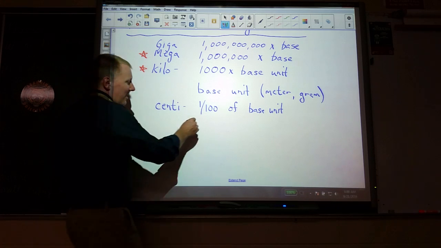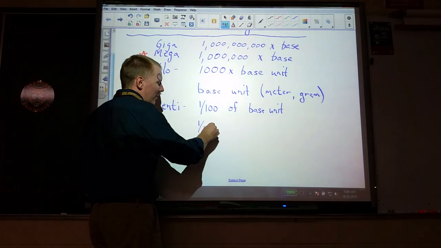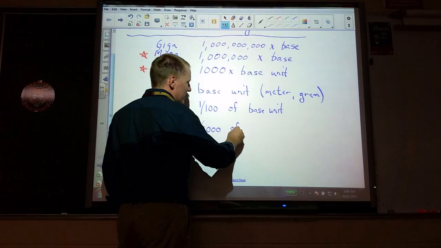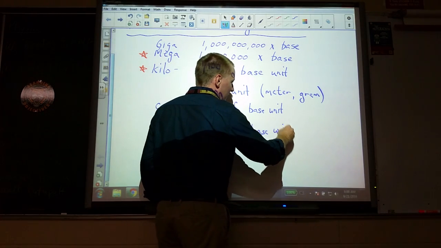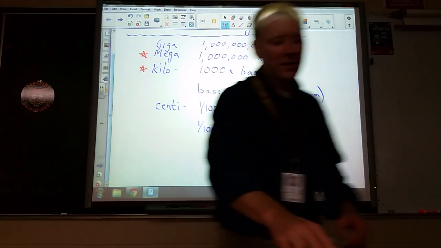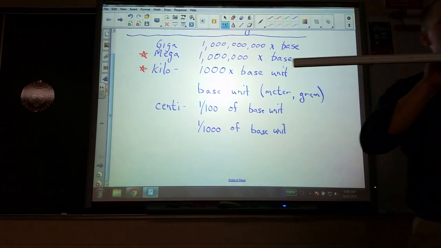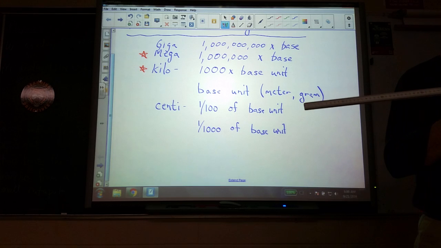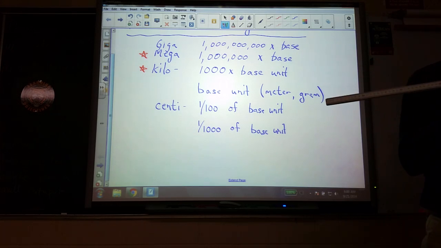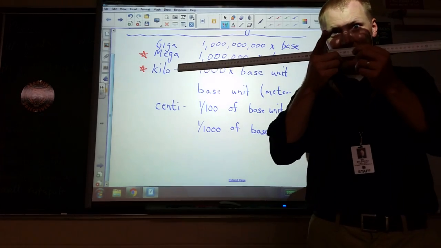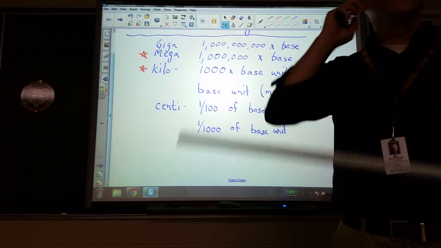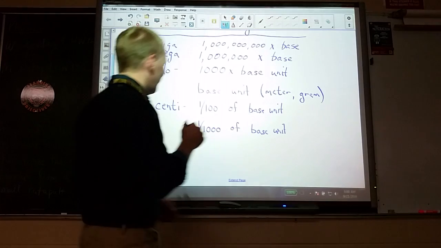But the next common one would be 1/1000th of the base unit. And in my meter stick here, that would be the finest lines. So if I cut this meter stick into 1,000 pieces, they'd all be about that big. Milli, right, millimeter in this case. And the prefix is milli.